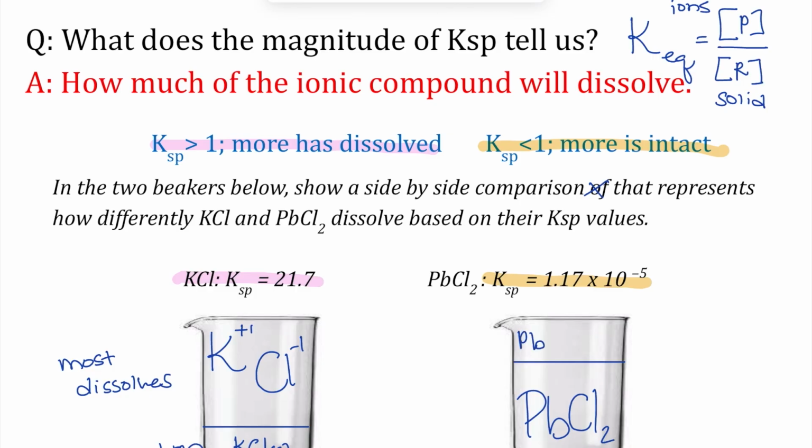And how's that going to dissolve? Well, we're going to have a lead plus 2 ion, but we're also going to have 2 chlorine minus 1 ions because we need to have that balanced. 1 lead, 2 chlorines, but now it is dissolved into ions. So even if we have something with a really low KSP value, it still means that a small amount dissolves. It doesn't mean none of it dissolves, but it means that most stays in that ionic compound solid.